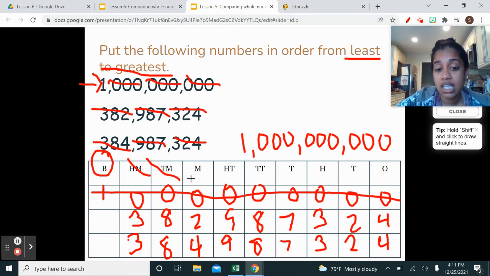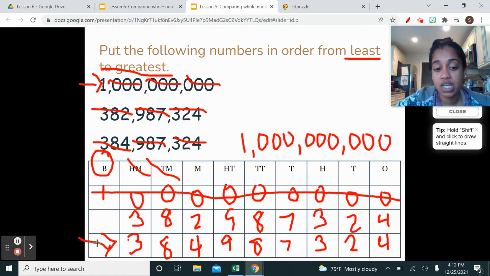In our millions, we have 2 millions over here, and our bottom row has 4 millions. They're different numbers, so now I can make a comparison. I know that 2 is smaller than 4. That means that our bottom number, 384,987,324, is larger than 382,987,324.